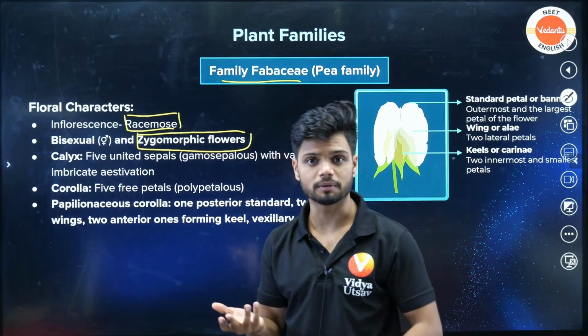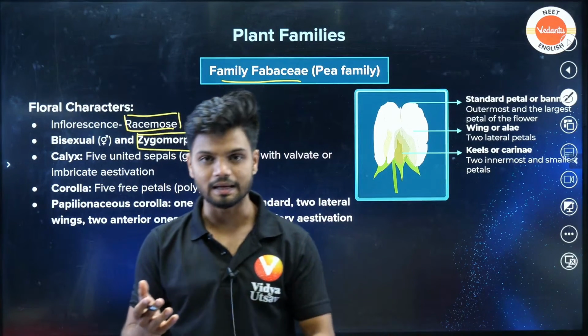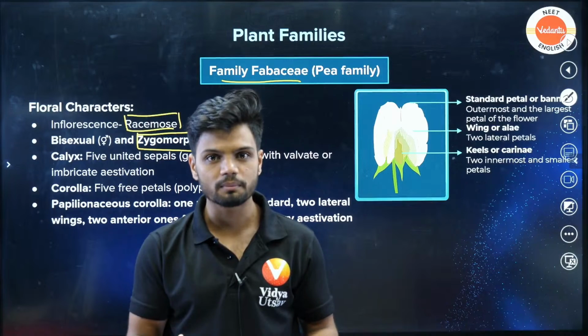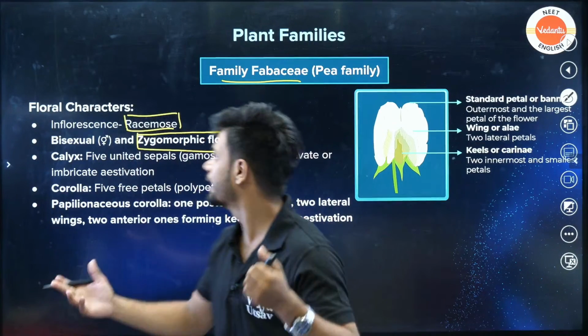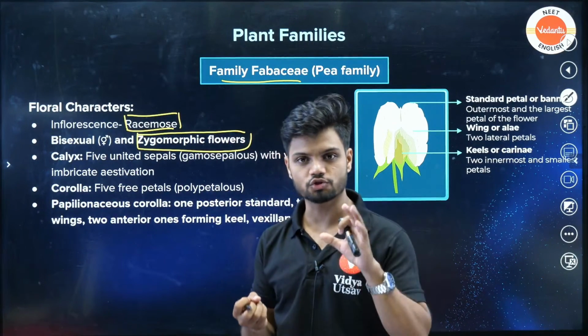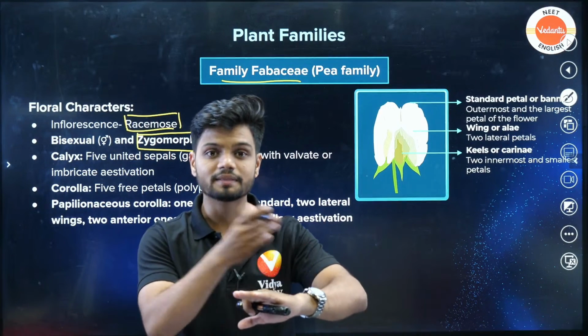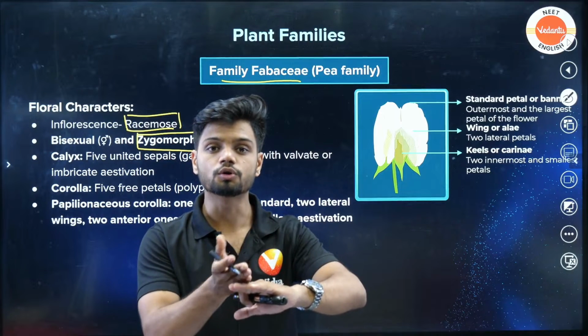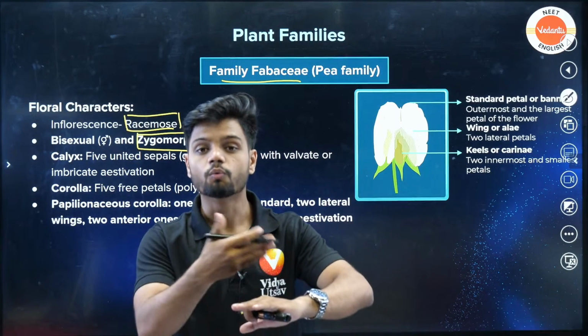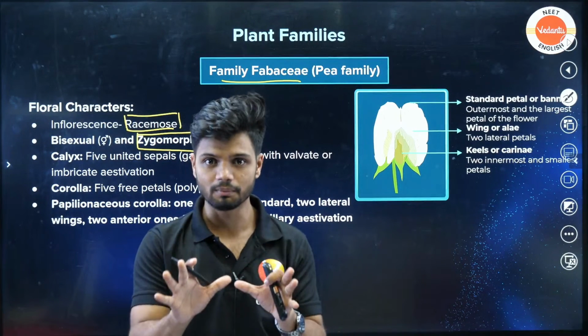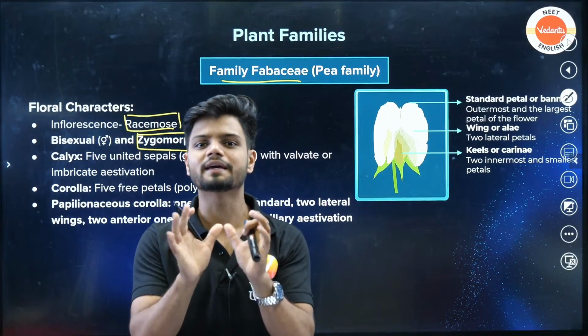They can give you a question telling you that zygomorphic flower is seen in which family. They'll give you some random families and then they'll give you Fabaceae. Your answer should be Fabaceae. Now they might give you other families where zygomorphic is there, but then they'll give you a question like 1 or 2 only, 1 only, 3 only, 1, 2 and 3, 4. Remember that all of these are different patterns in which they can ask you questions.